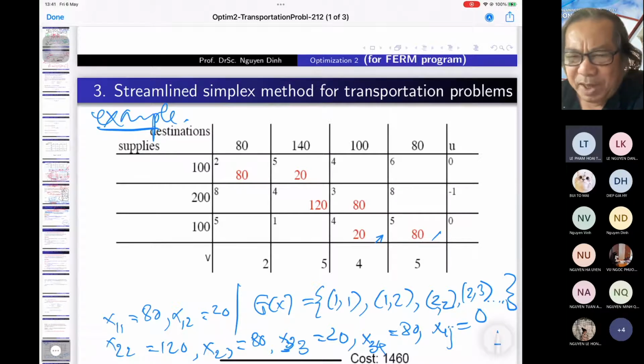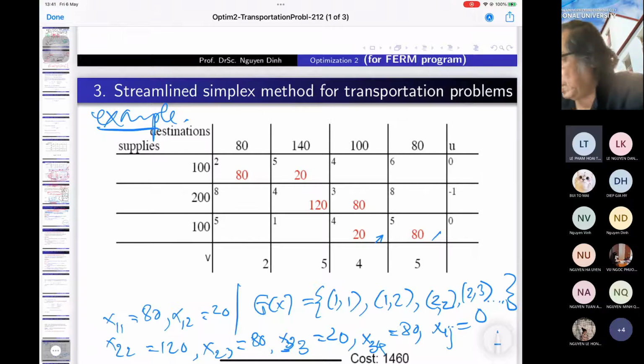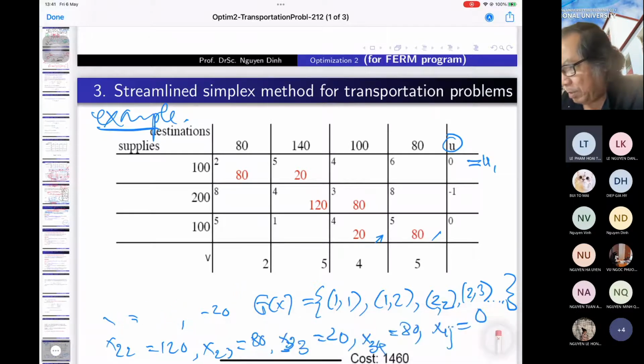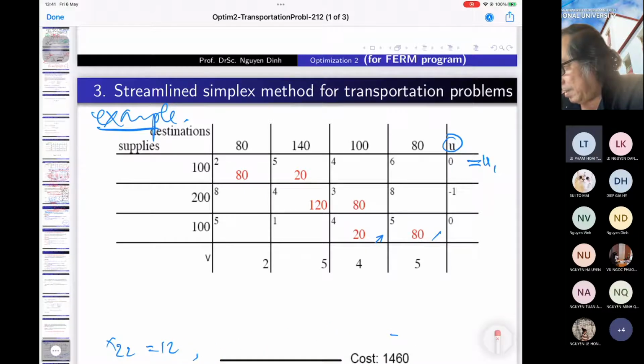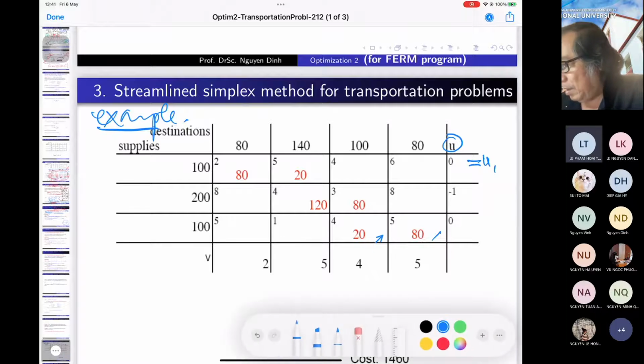calculate ui and vj. U1 equals 0. In order to compute ui and vj, how do you do it? Last time I told you in detail, but now I just want to repeat.